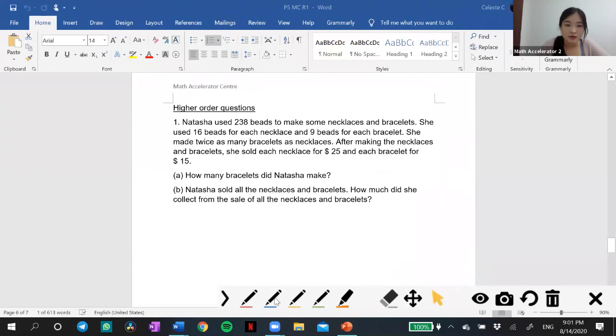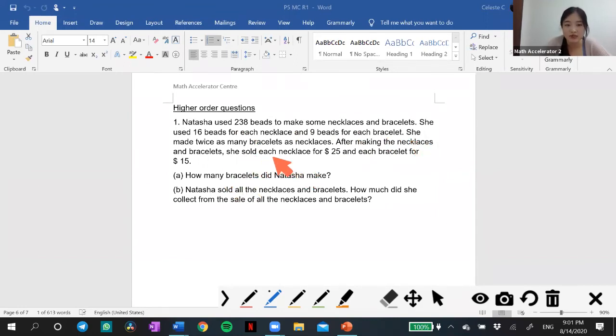Okay, so let's start with the higher order question. So Natasha used 238 beads to make necklaces and bracelets. She used 16 beads for each necklace and 9 beads for each bracelet. She made twice as many bracelets as necklaces.